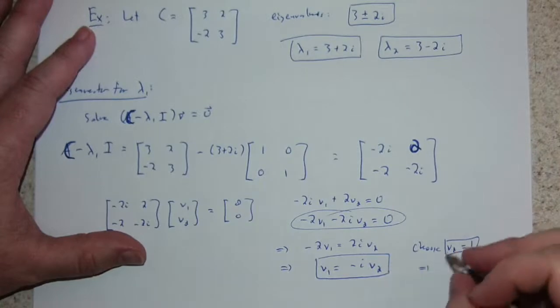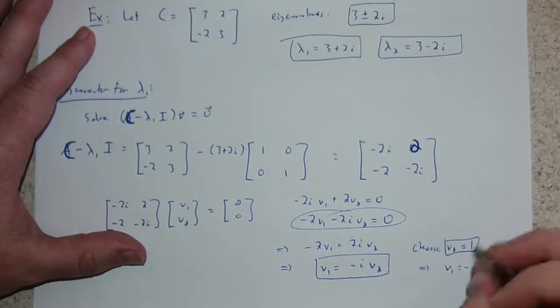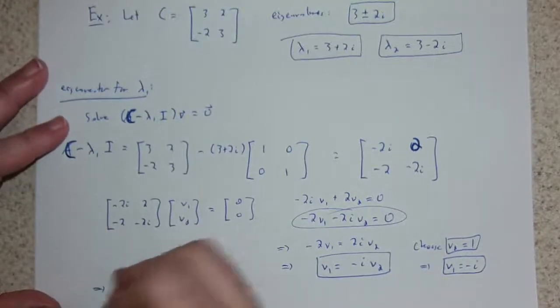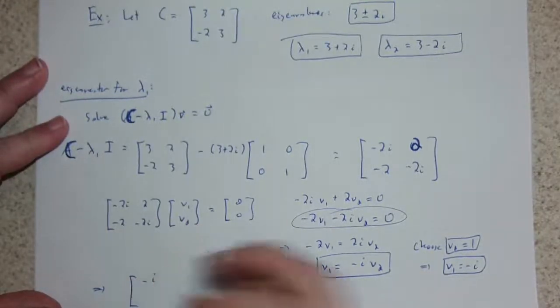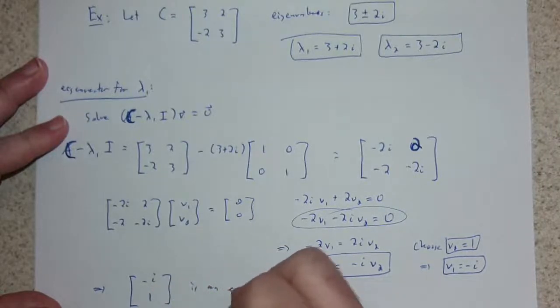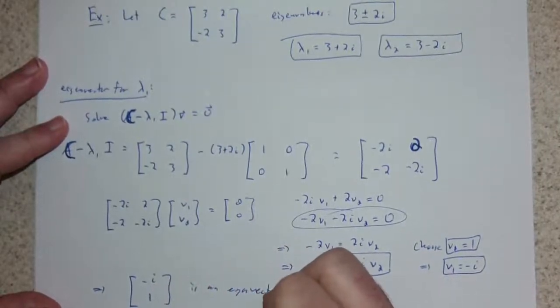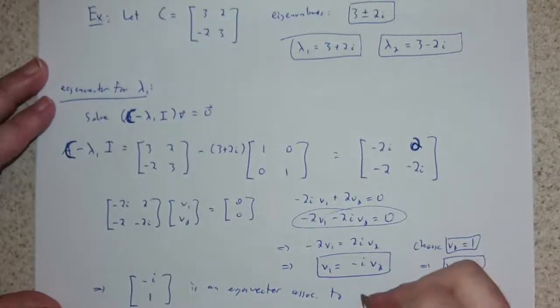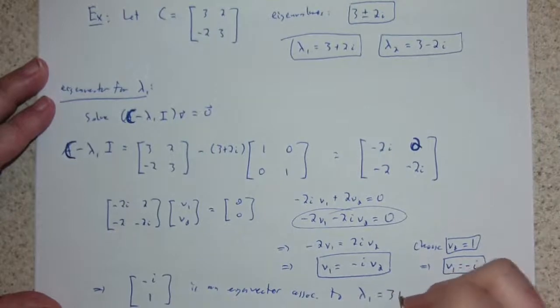If I choose v2 to be equal to 1, that means that v1 is equal to minus i. And so this means that (minus i, 1) is an eigenvector associated to lambda 1, which is 3 plus 2i.